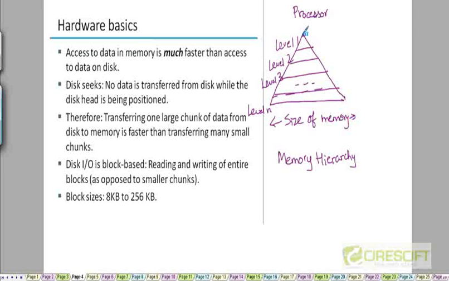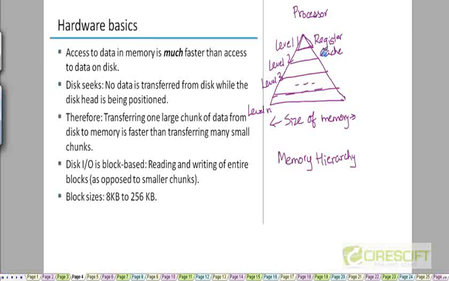So at the topmost level of the memory hierarchy are certain forms of memory that are very fast. The fastest one that you can think of is the register, which is located right on the die which has the processor. Then at the next level in the memory hierarchy, you have caches.